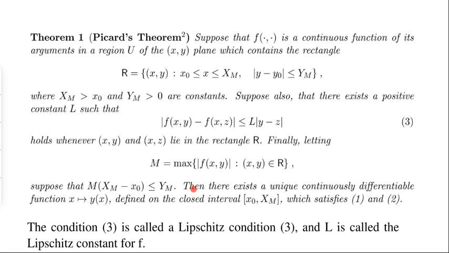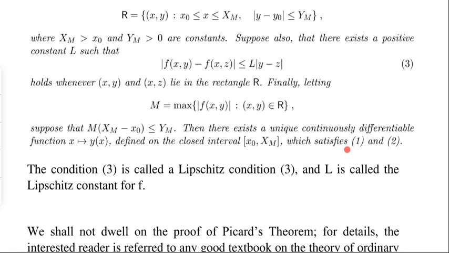To obtain this result, there exists a unique continuously differentiable function y(x) defined on this domain, which satisfies the ODE (1) subject to initial condition (2). Here we called this condition a Lipschitz condition. Here L is our Lipschitz constant.